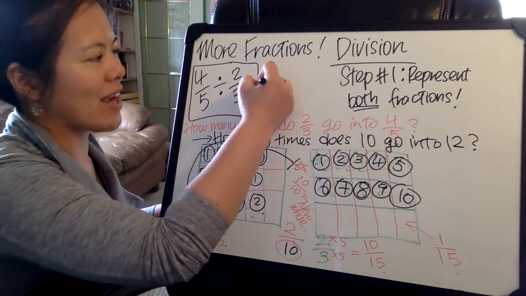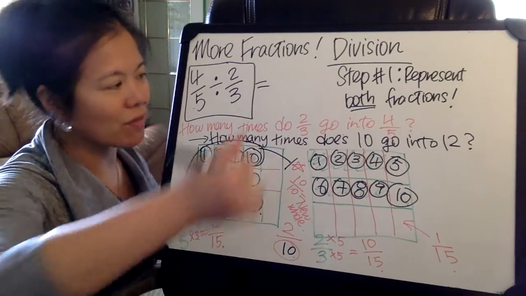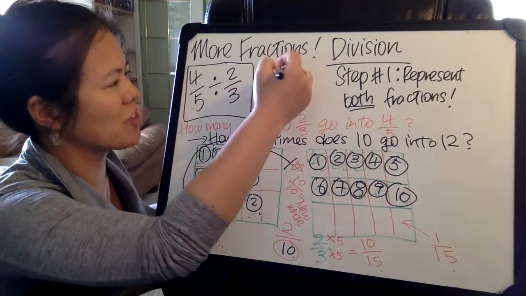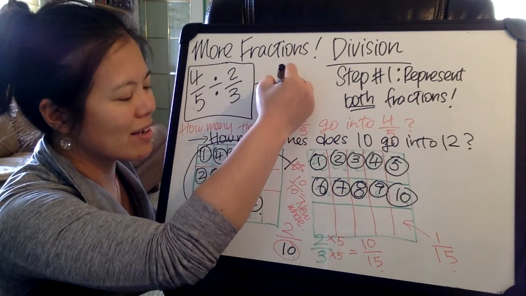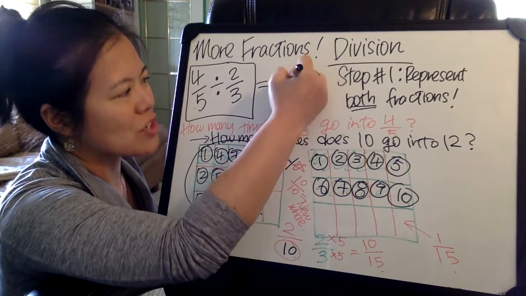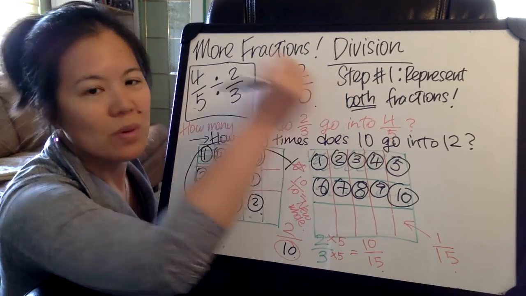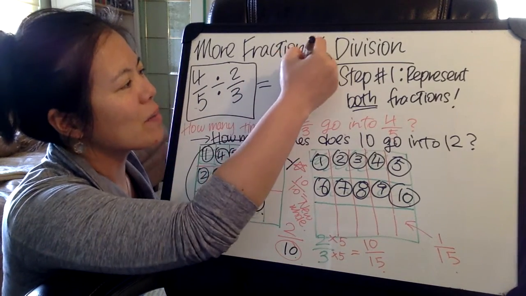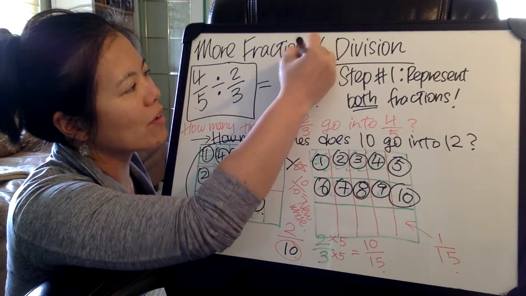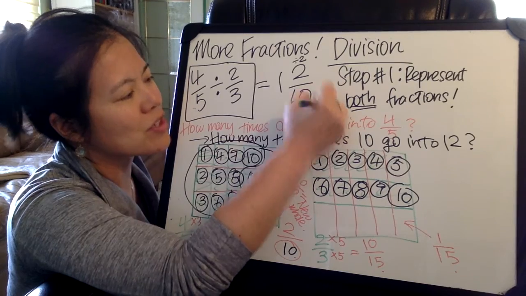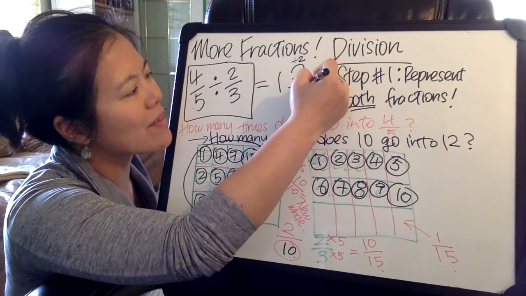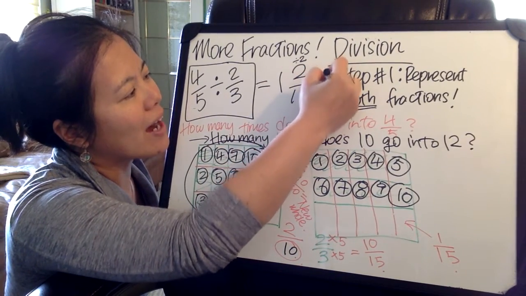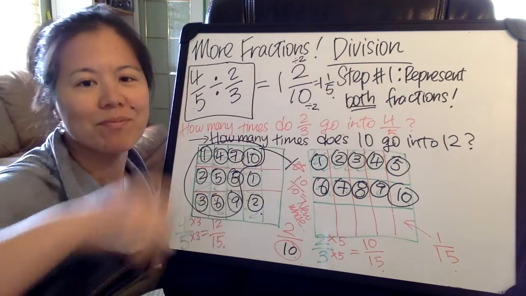So the answer to this question is 1 and 2/10. And I can simplify this part by dividing both the numerator and the denominator by 2. So I know that this is 1 and 1/5.